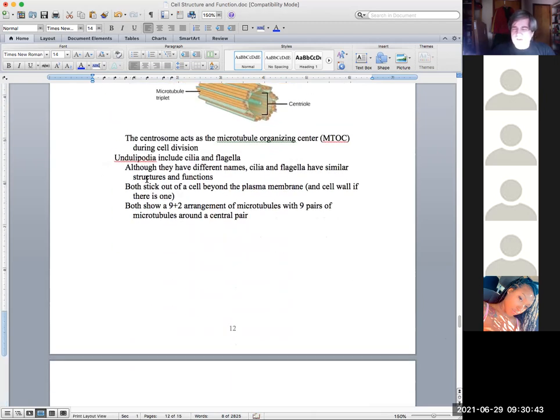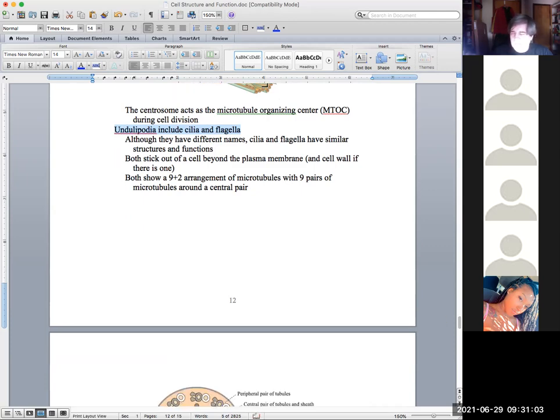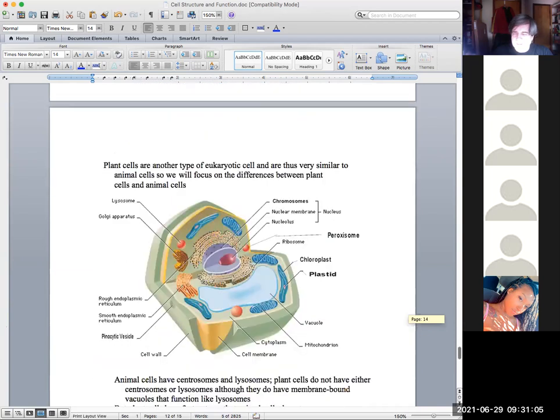And we find it in undulopodia, cilia, and flagella. So again, a good example of how in nature the same protein may be used over and over again for different functions. It's not necessarily always used in the same way. So we want to keep that in mind.